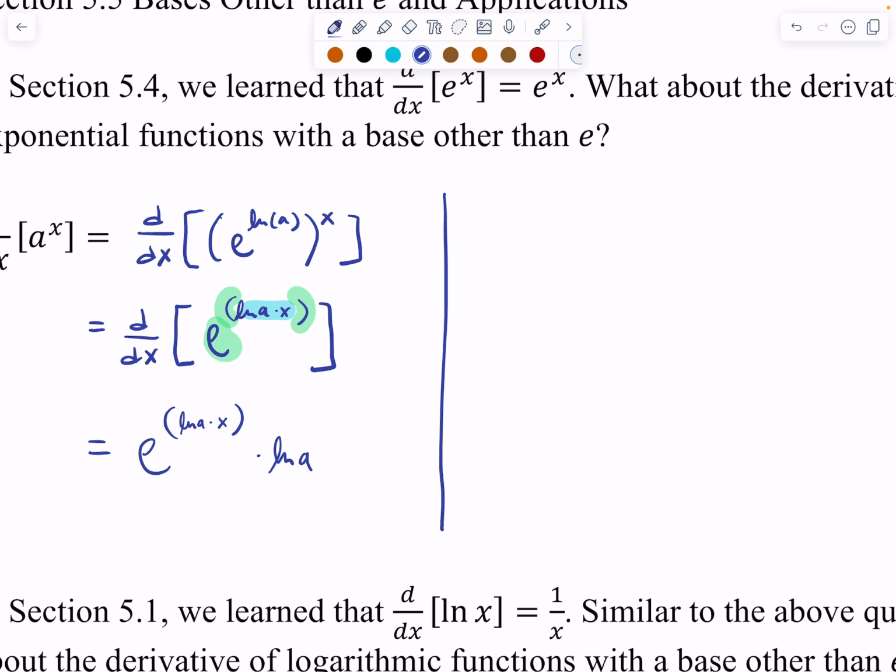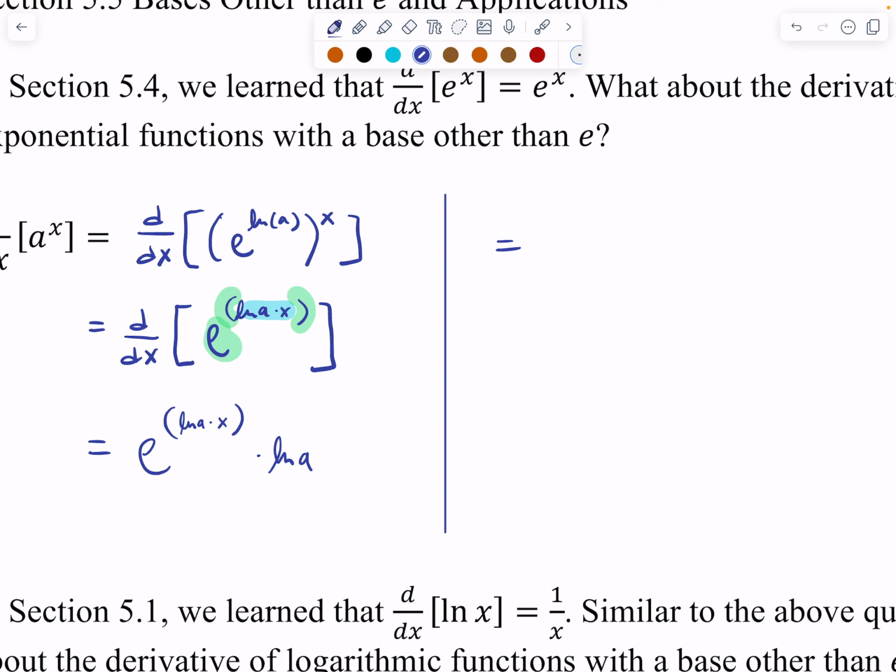So we have e to the natural log of a times x times natural log of a. Here's the thing. E to the natural log of a times x, it's not very nice looking.